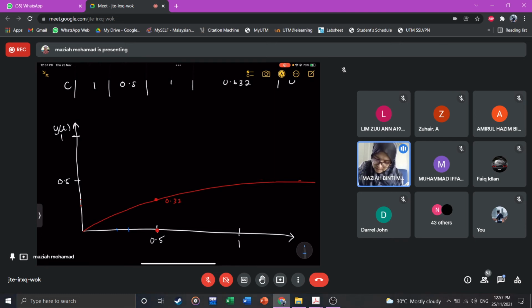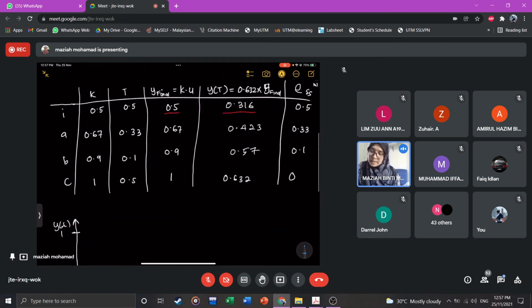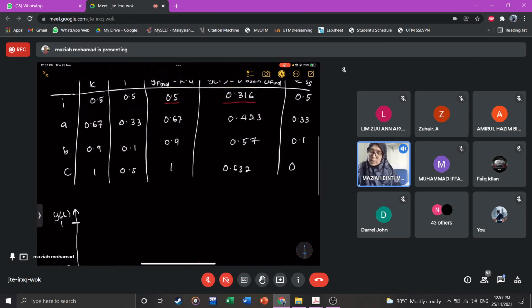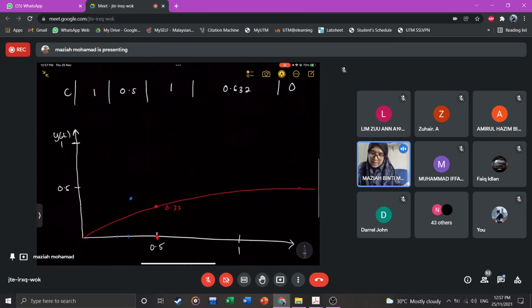And then it will reach 0.423 at that time constant, so around here. And then the final value is 0.67, around here. So if we sketch, we get something like that.